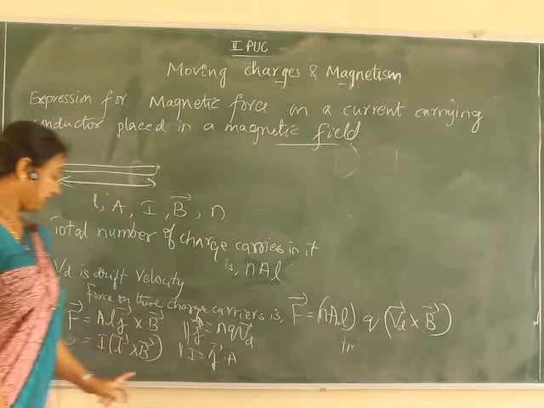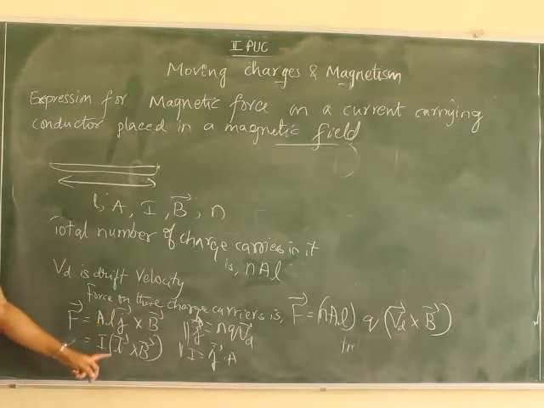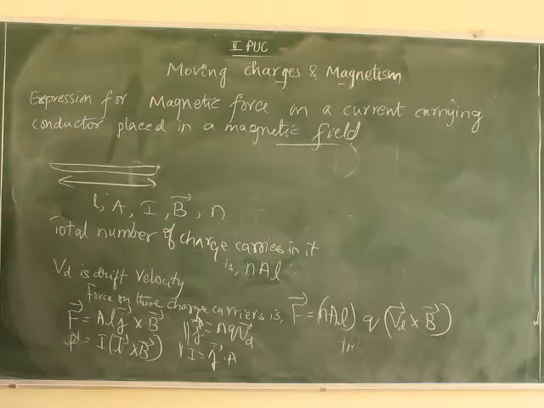So in the place of JA, I can write I. So F is equal to L vector cross B vector. Now, L vector is a vector of the magnitude L.